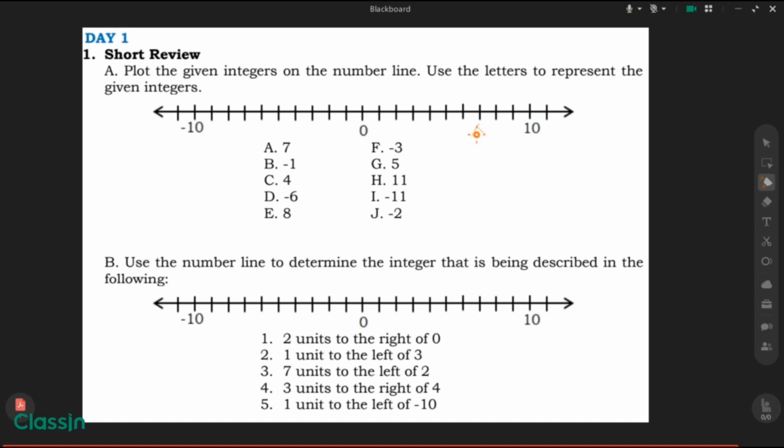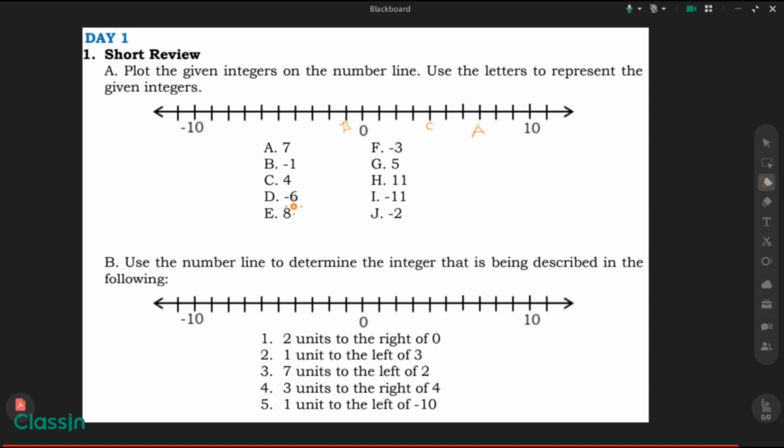So A is in here, 7 units to the right of the 0. What about the -1? The B. It's 1 unit to the left of the origin or the 0. What about the C? The 4 units to the right of the 0.